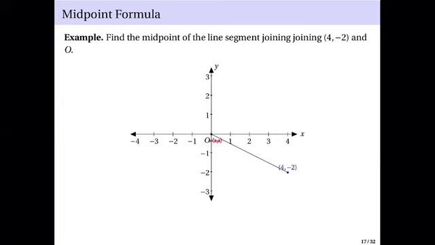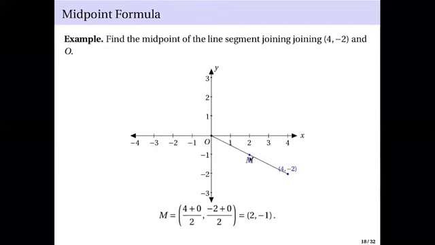Which means we calculate the midpoint: 4 plus 0 divided by 2, that's for your x. And then for your y, -2 plus 0 divided by 2. And if we simplify this, we'll just get 2, -1. And then here is our midpoint M. Okay?